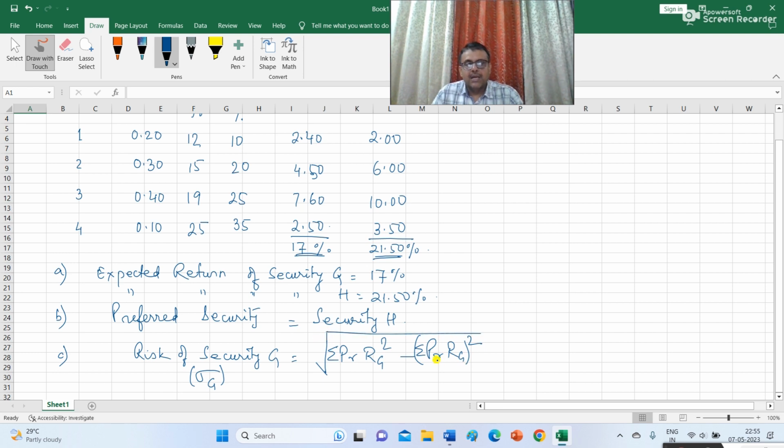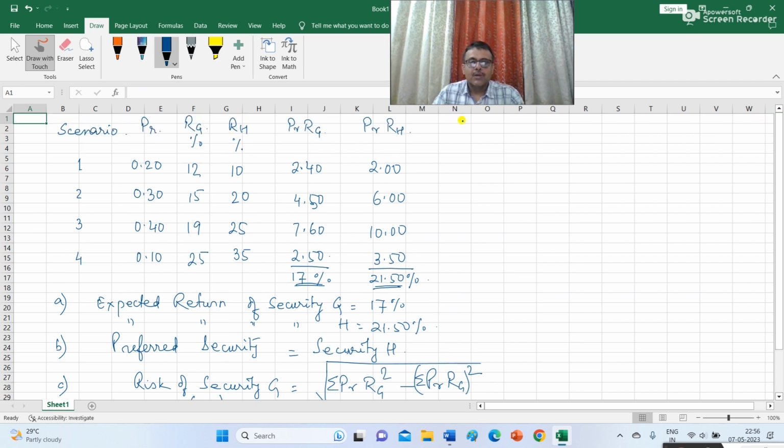So PR multiply with RG we have already calculated at 17%. Now we have to calculate PR multiplied with RG square, and to calculate the standard deviation of security H, you are supposed to calculate probability and RH square. So I am going to calculate simultaneously.